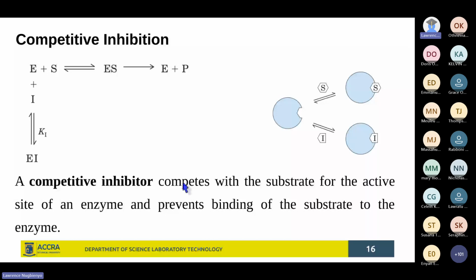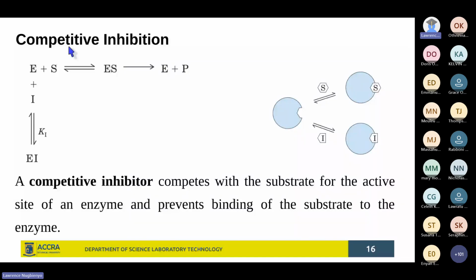We have what we refer to as competitive inhibition.